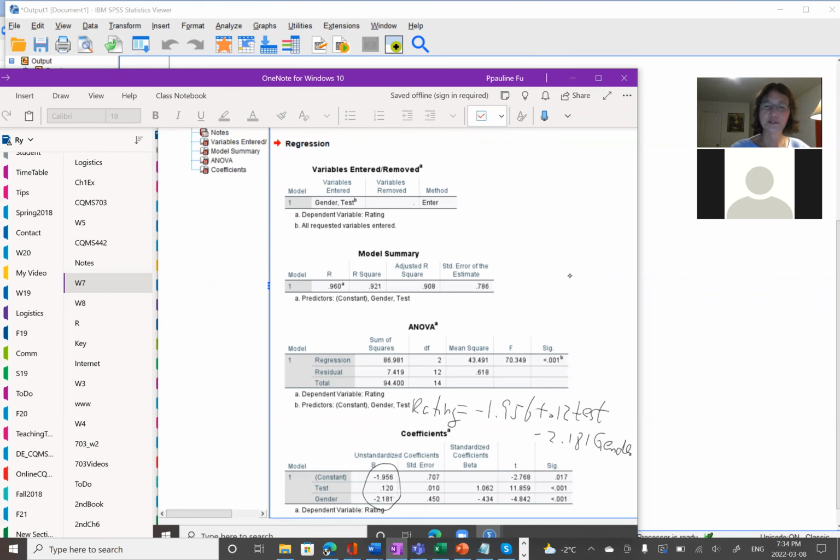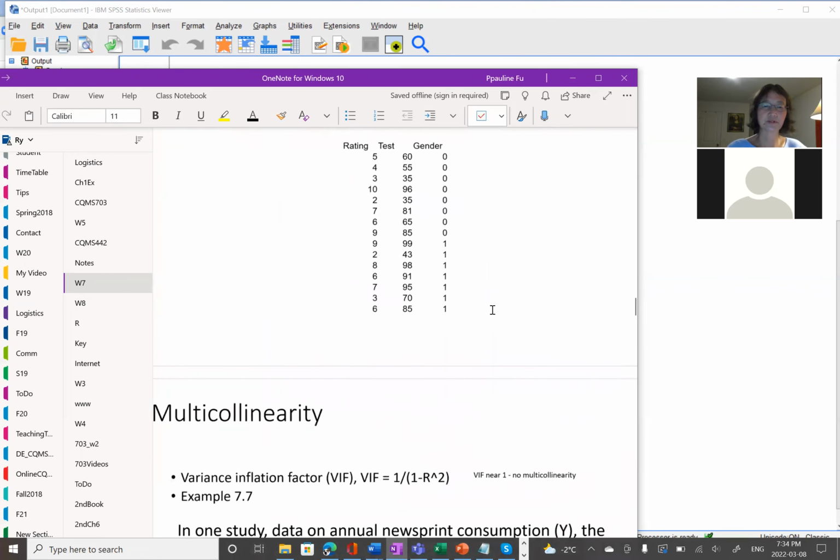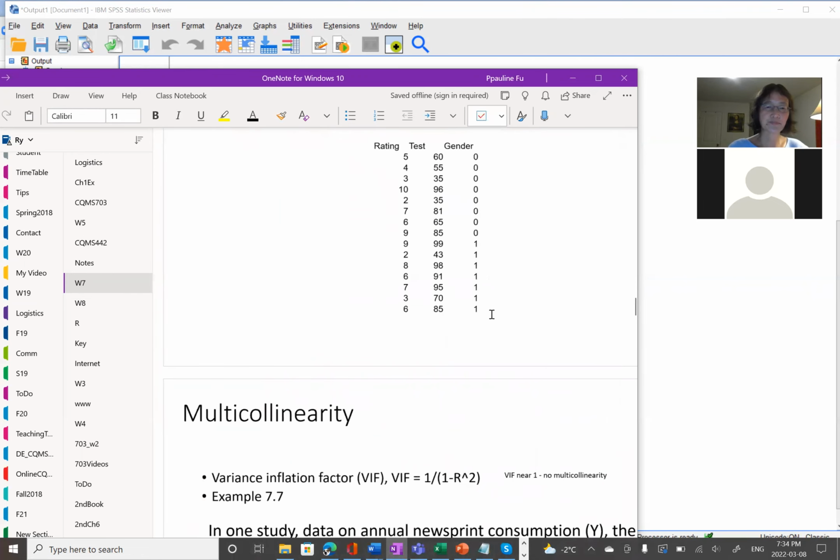This model is significant because the p-value is smaller than alpha. The overall model is significant. So this is using SPSS. Any questions?